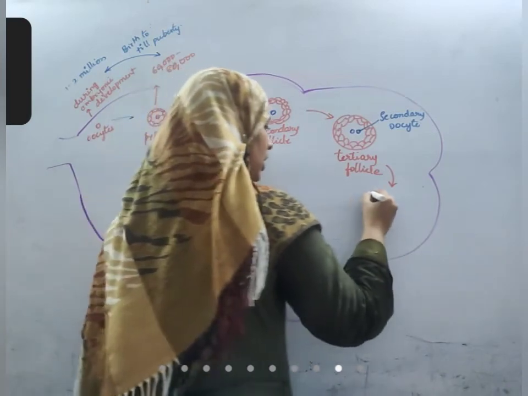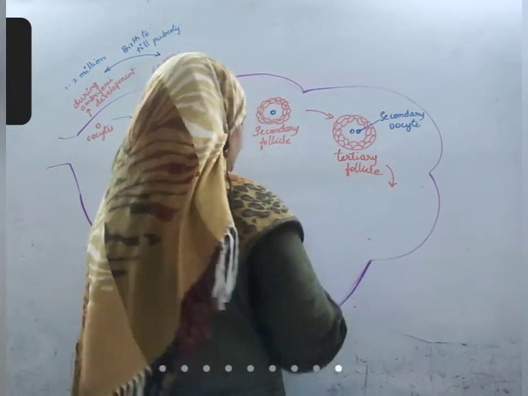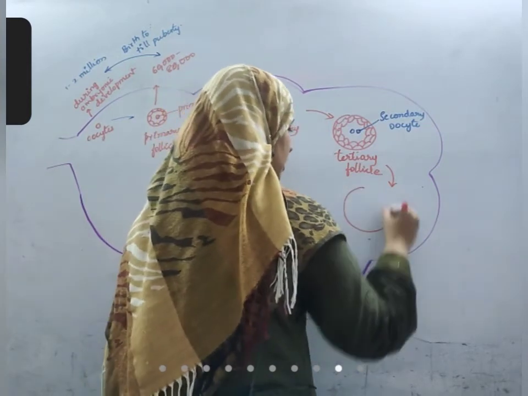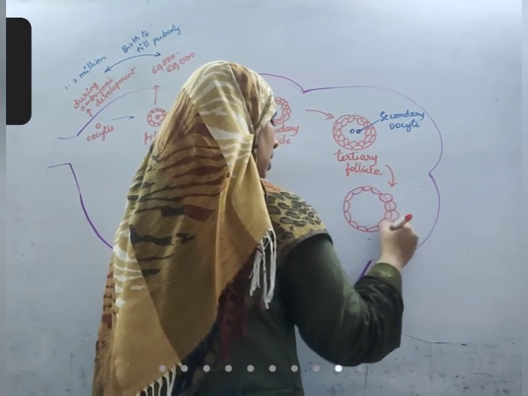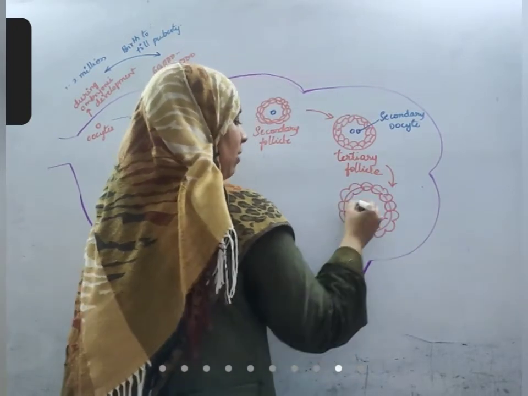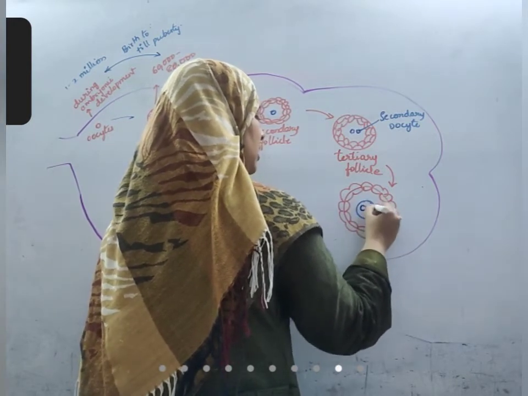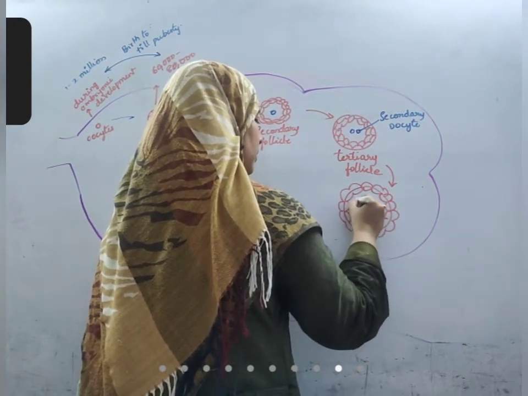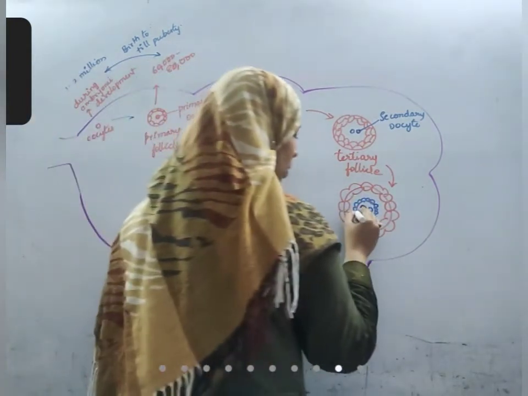The outer cells are as they are. This is the inner theca, this is the outer theca. More than one layer, I have drawn only one layer. This is the secondary oocyte, this is the zona pellucida.